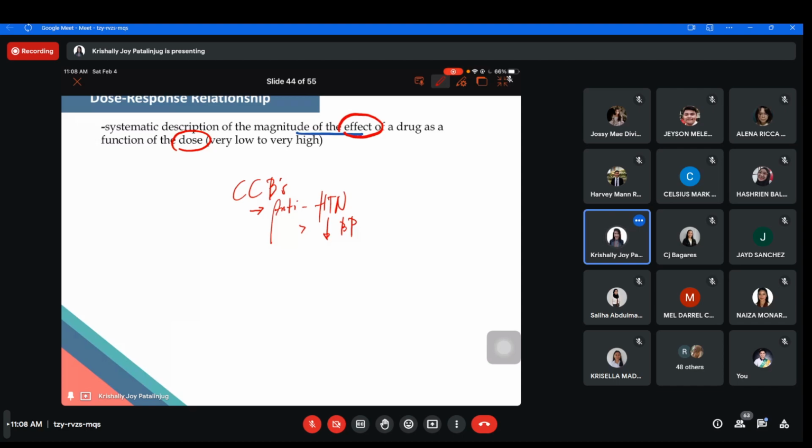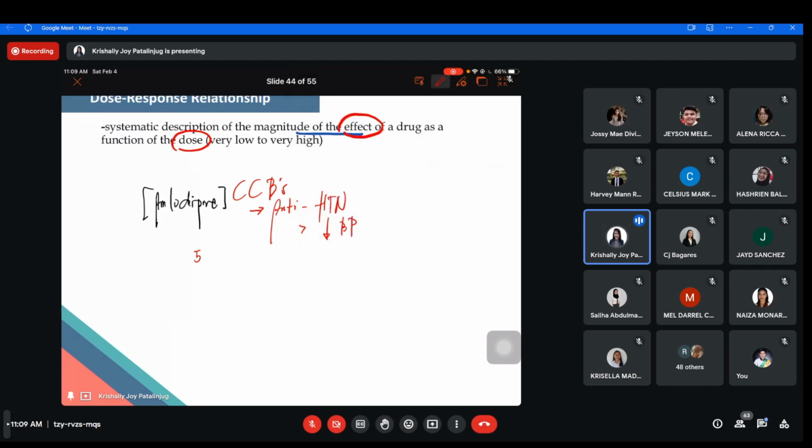Of course, its effect to lower blood pressure is accompanied by a certain dose, a certain concentration of a drug. Let's say, for instance, in the market, there are available calcium channel blockers like amlodipine, diba? Ending in dipine, those are CCBs. So mag-specify ako halimbawa ha, amlodipine.